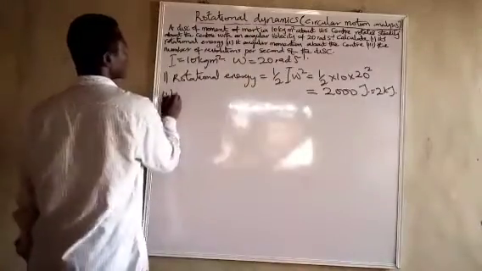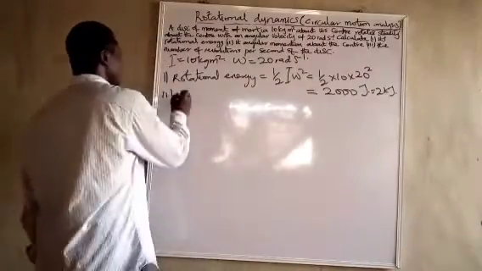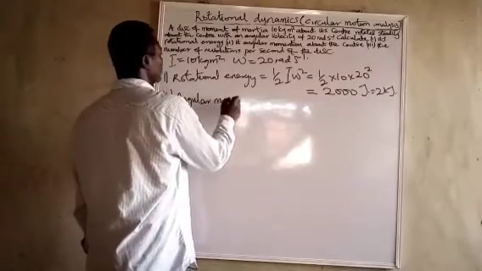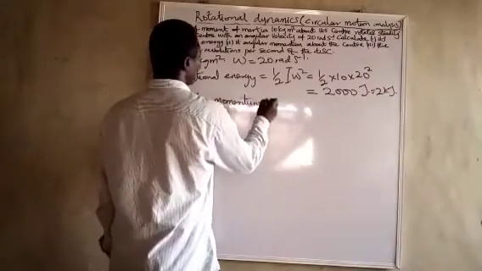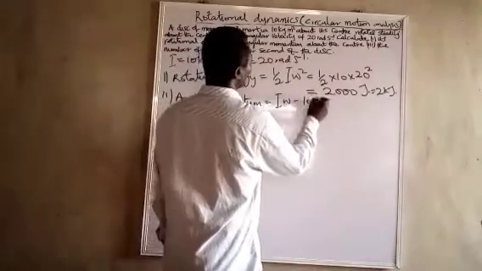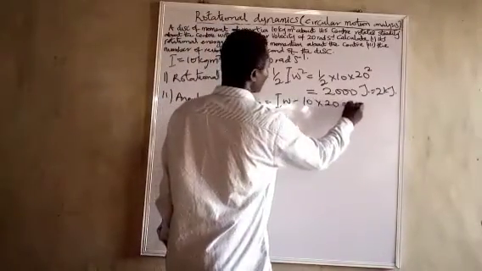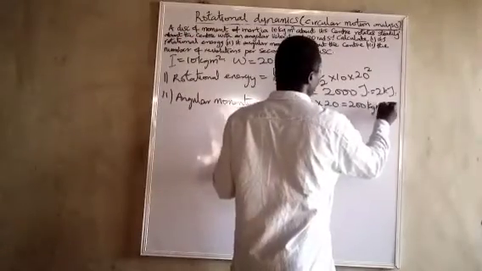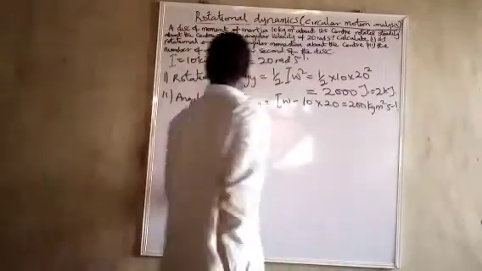The second one is its angular momentum about the center. It will be equal to I omega, which is 10 times 20, which is 200 kilogram meter squared per second.